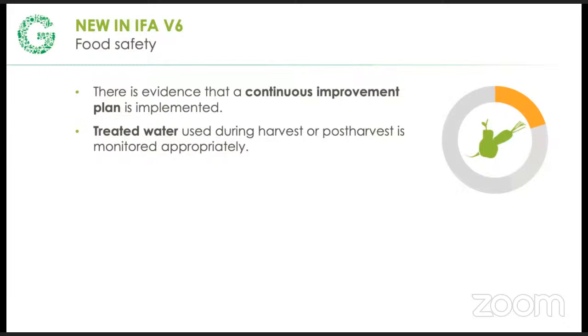And this is an example for food safety. You will see there'll be a checklist where you have to go and say, yeah, I've seen evidence that shows that there's a continuous improvement plan in place. We'd say, what does that mean? And again, this is new in version 6.